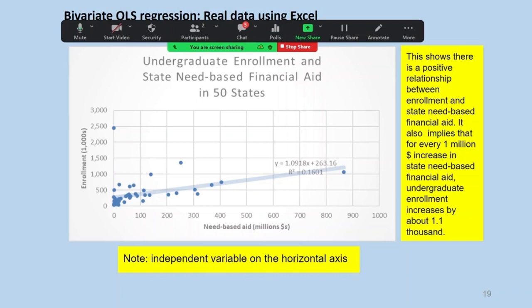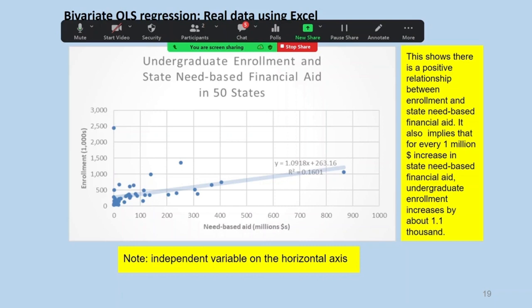This shows a positive relationship between enrollment and state need-based aid, which implies that for every million... And this was done in Excel, so that's why you see this is flipped. This is the beta subscript 0 here, and this is the beta subscript 1 here. For every $1 million increase in state need-based aid, undergraduate enrollment increases by what?